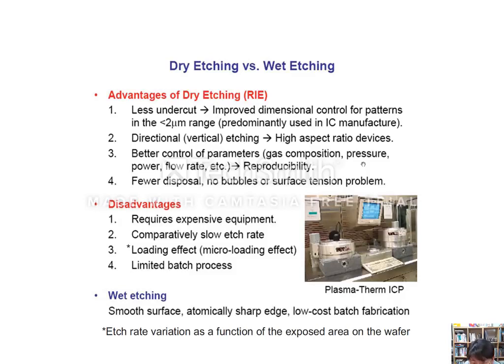For wet etching, you need to keep a certain temperature, and what dominates is the chemical reaction between the reactant and the material to be etched, so there is not really good control of parameters. In terms of control, dry etching is much better. Also, you have less disposal and no bubbles or surface tension problems compared to wet etching.